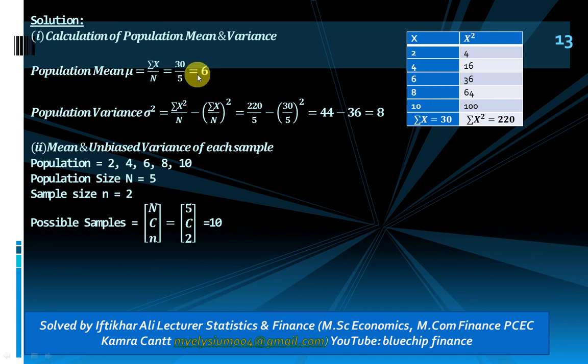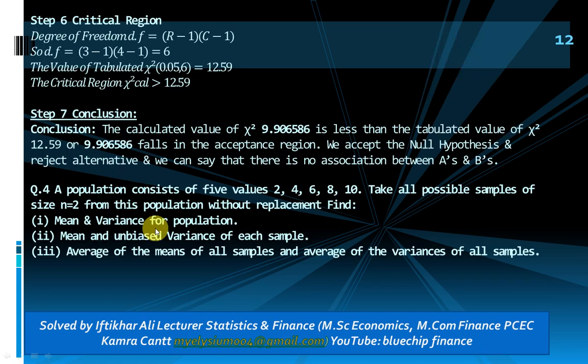So the population mean is 6. Population variance sigma square will be equal to sum of uppercase X square divided by uppercase N minus the population mean square, and finally the variance will be 8. So the first question is calculated.